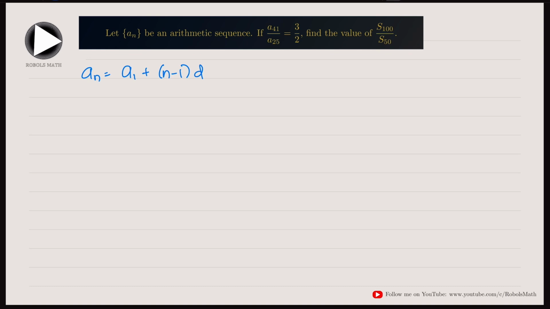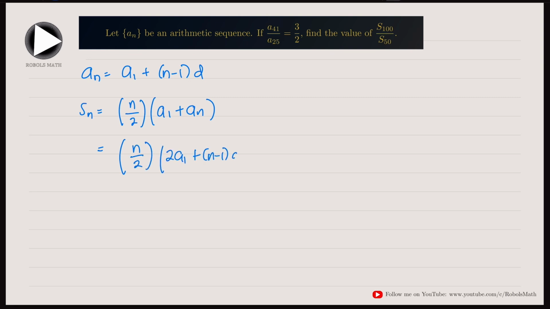Using this formula and then iterating this, we have a known formula as well for S sub n, that is n over 2 times a sub 1 plus a sub n. You might also know that S sub n can be expressed as n over 2 times 2a sub 1 plus n minus 1 times d, where basically we just substituted the formula for a sub n coming from the first one.